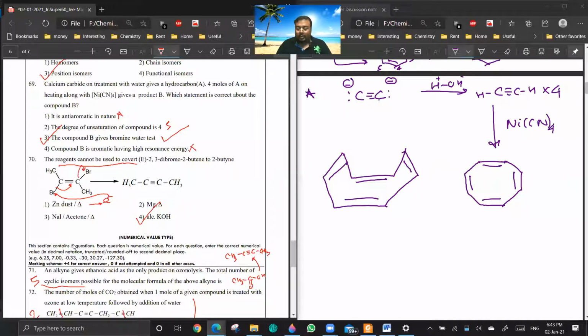Are you getting a point? Yes, sir. Zinc dust or zinc acetic acid, these will be giving dehalogenation. Similar thing will be given by magnesium also, or sodium iodide in acetone also. Are you getting a point? Yes or no? Yes, sir. Okay.